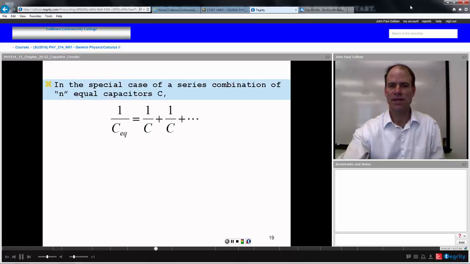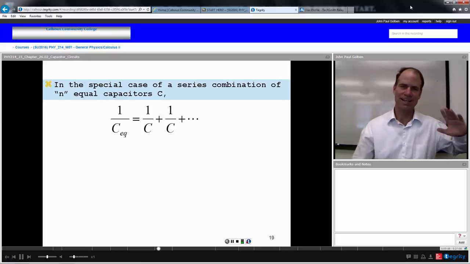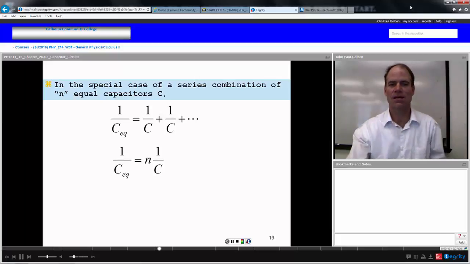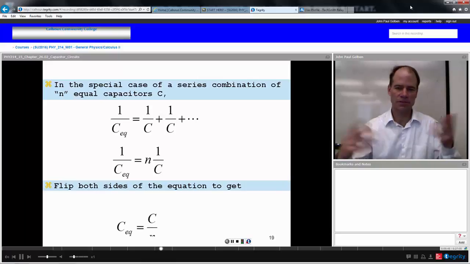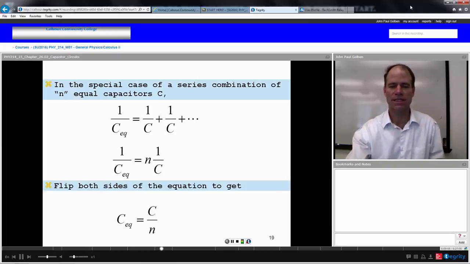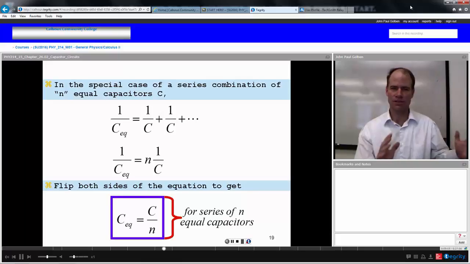In the special case, if I had a series combination of n equal capacitors, all of them the same, so I have 1 over C equivalent is 1 over C plus 1 over C plus 1 over C plus 1 over C, n times, then I would have 1 over C equivalent equal to n times 1 over C. Flip both sides of this equation, and we have C equivalent equal to C divided by n, n being the number of capacitors that we have equal in series.